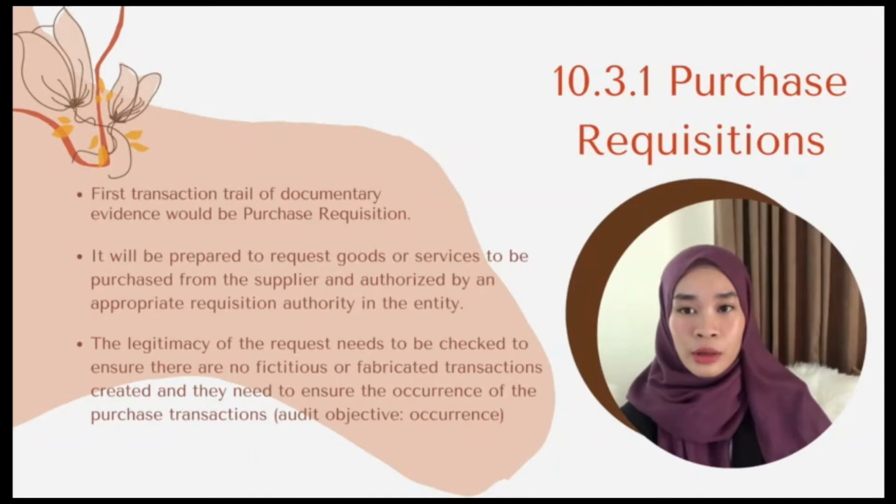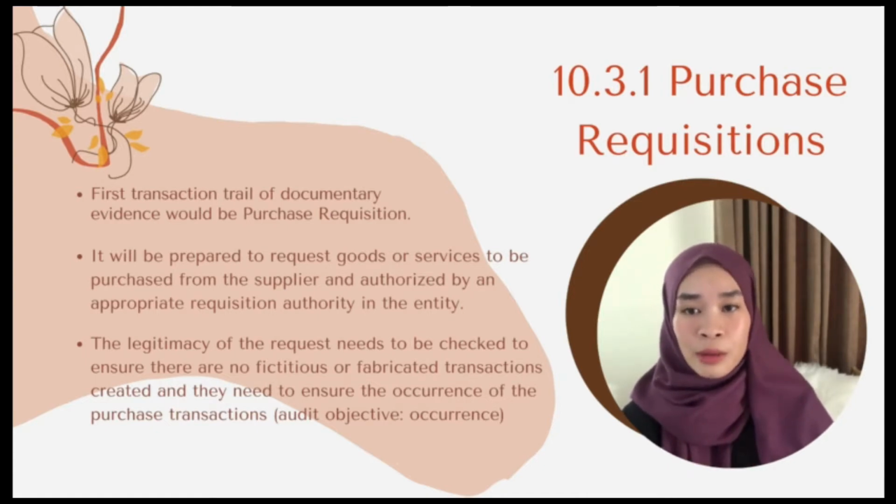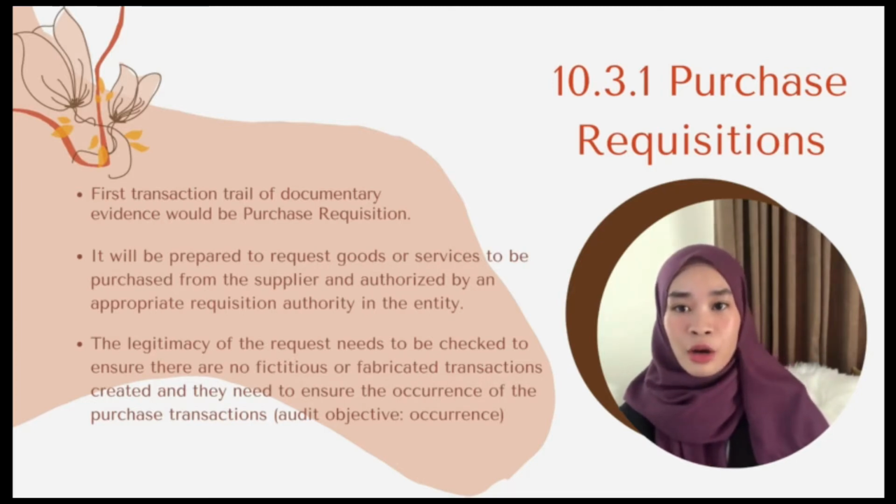The first transaction trail of documentary evidence would be purchase requisition. Usually, an authorized employee in a department of an entity will prepare the documents to request for goods or services that need to be purchased from the supplier. Usually, the warehouse supervisor or storekeeper will prepare the documents.